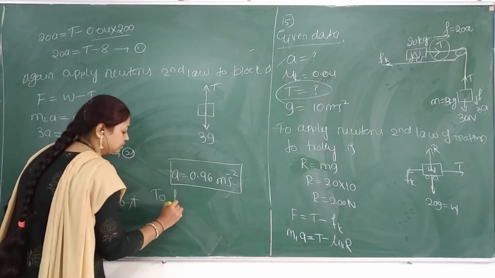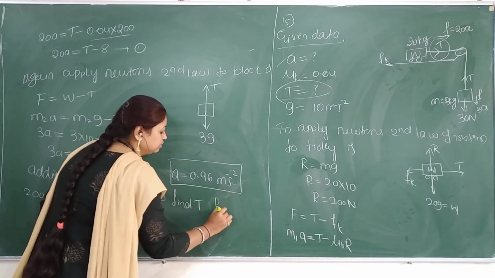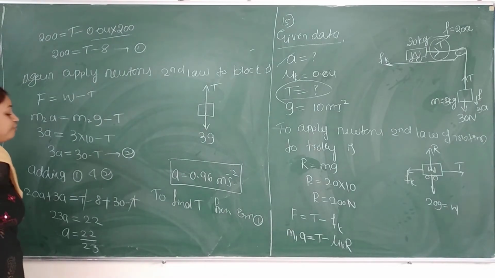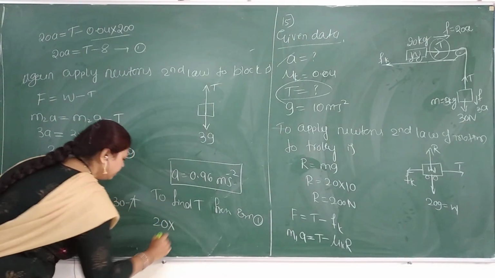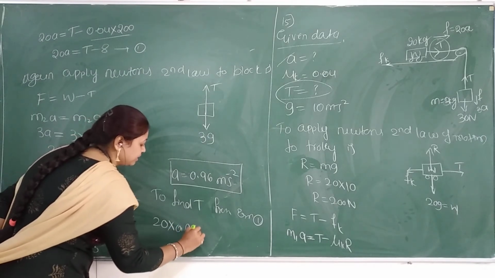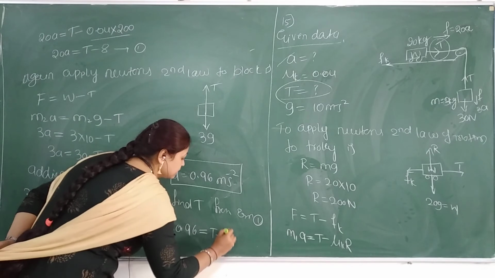To find tension T from equation 1. So in equation 1, 20 into the a value, 0.96, is equal to T minus 8.